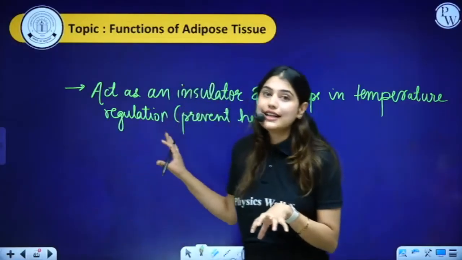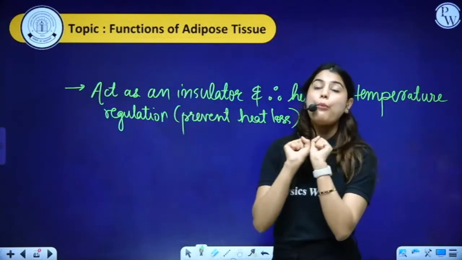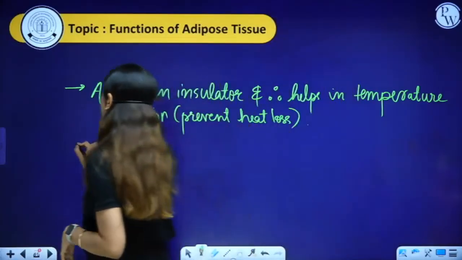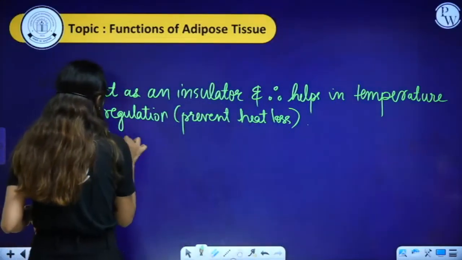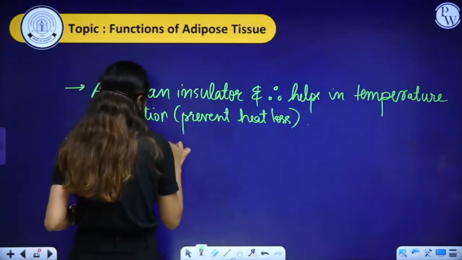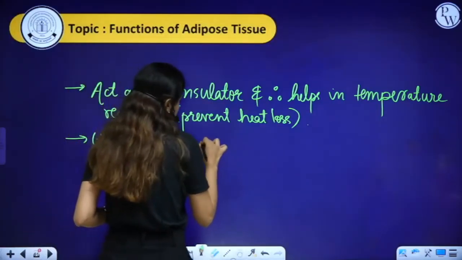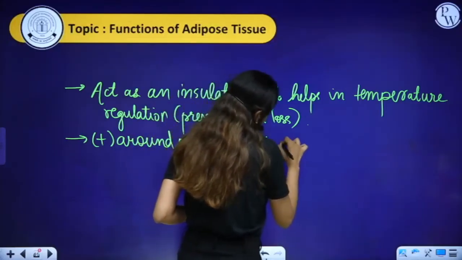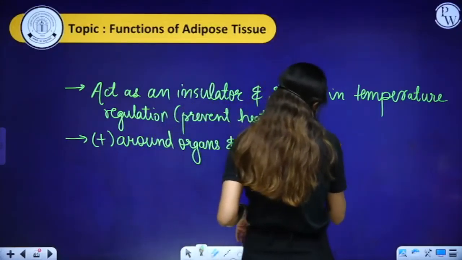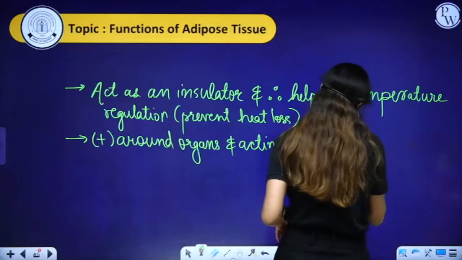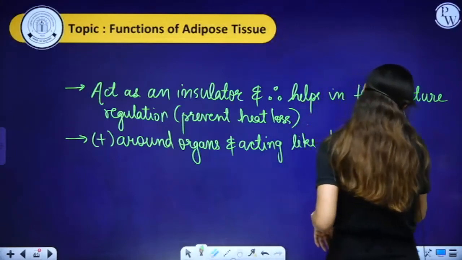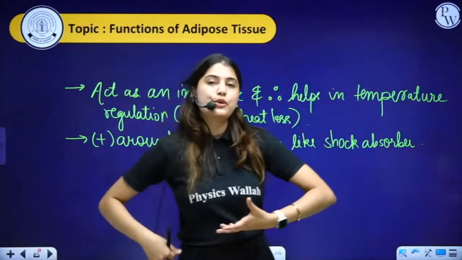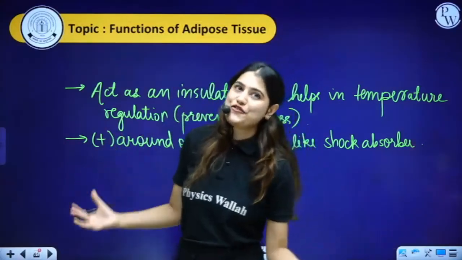Similarly, this is protecting the body organs by forming a cushioning layer around it, right? So it is present around organs and acting like a shock absorber. And lastly, yes, it will be providing energy because it is a fat reservoir.